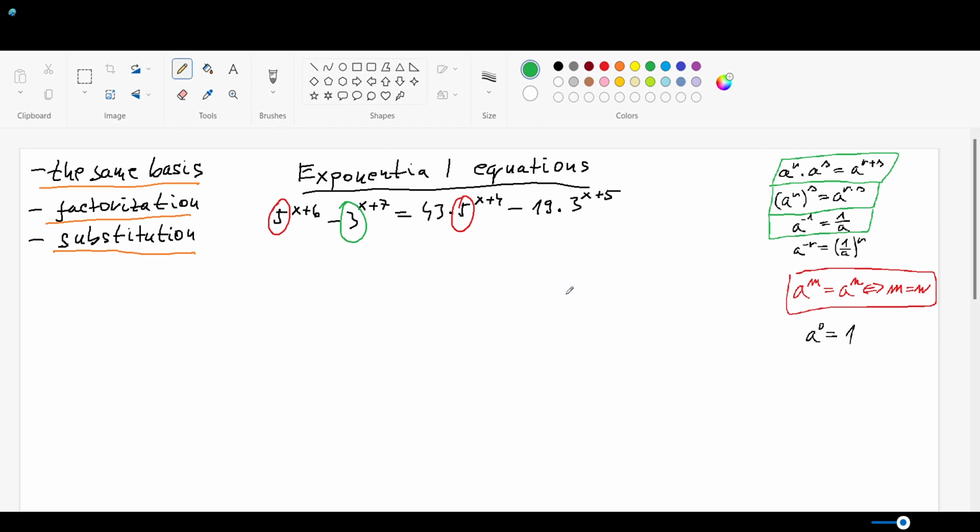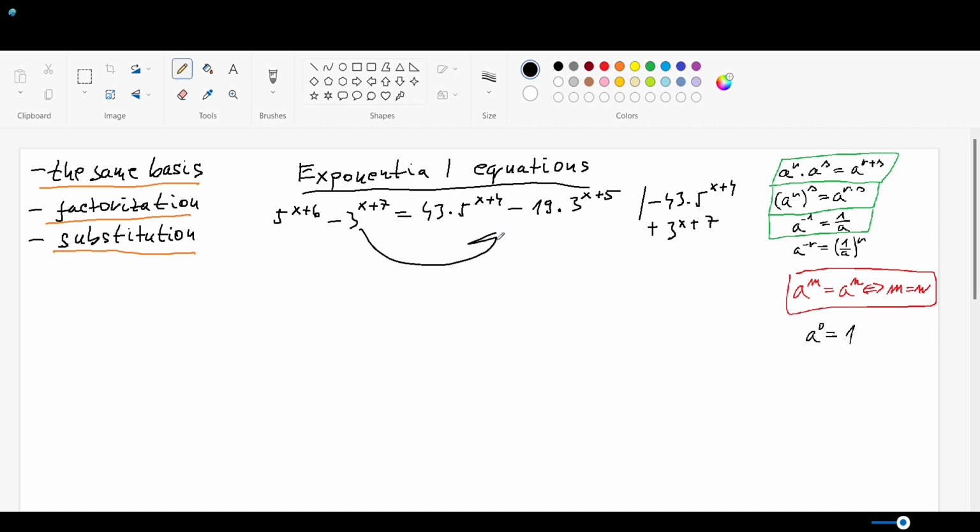So the first thing we want to do is rearrange our equation so that we have the expressions with the same base on the same sides of the equation. We simply take away 43 times 5 to the power of x plus 4, as well as add 3 to the power of x plus 7.